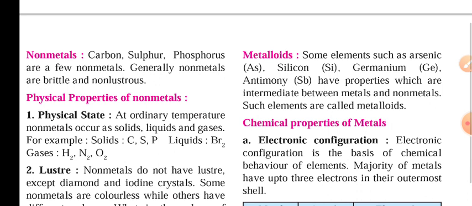For example, if you write lustrous for metals on the left side, on the right-hand side you write non-lustrous. Like that, write comparative points and post it back in Google Classroom. This is the first assignment of this chapter.